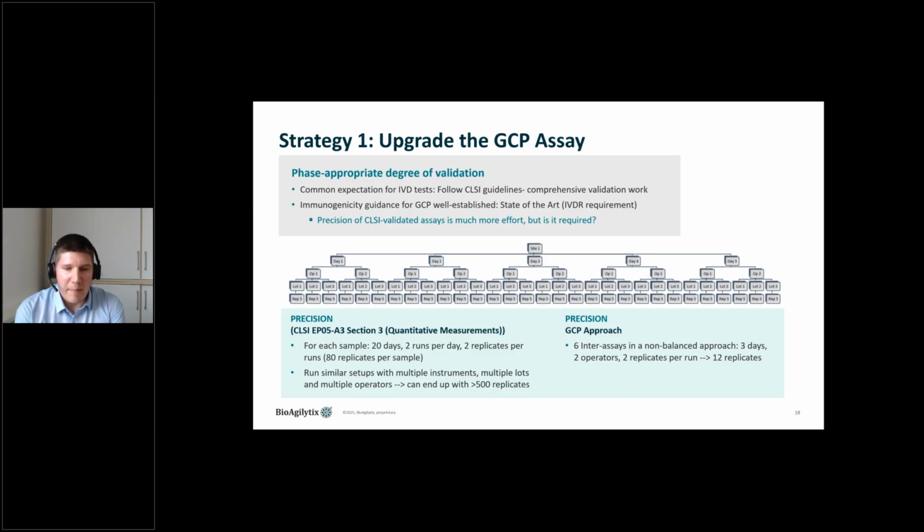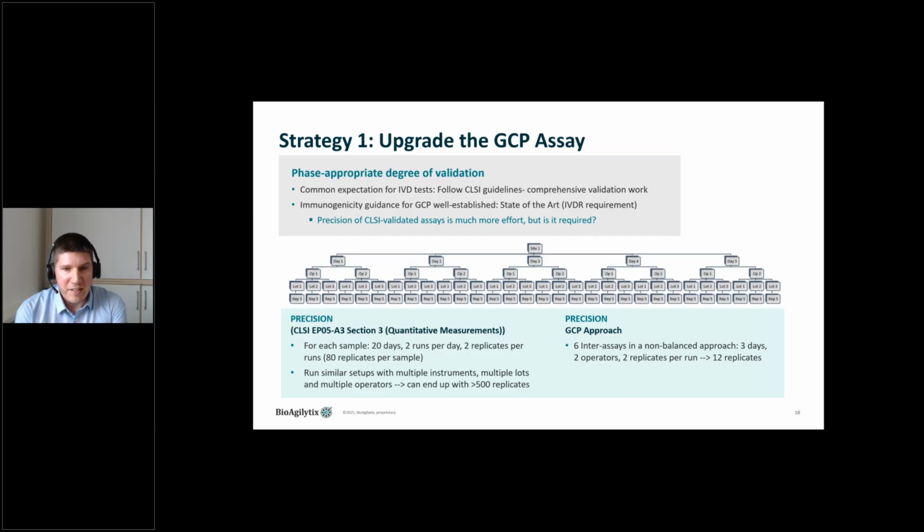For each precision study you're running, you would be running 2 days, 2 runs per day, 2 replicates per run, which would end up in 80 replicates per sample. And if you want to replicate this for multiple instruments, multiple lots, and so on, which is the recommendation, especially for commercially used assays that are distributed around the world, then you can end up with a quite tremendous number of replicates.